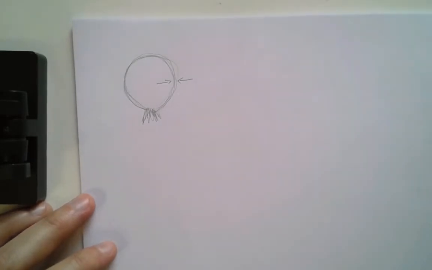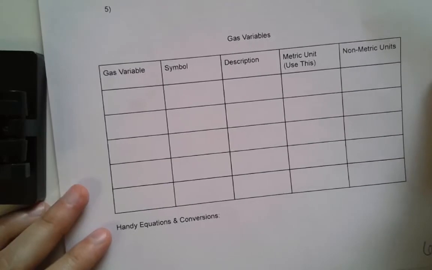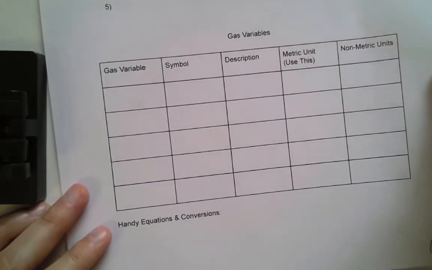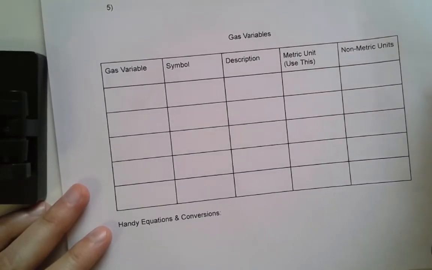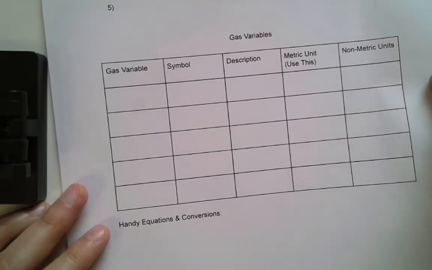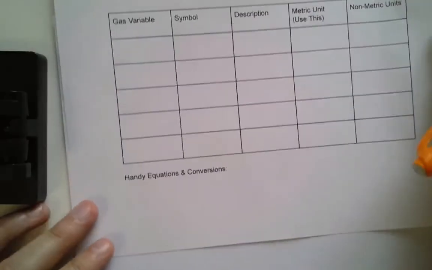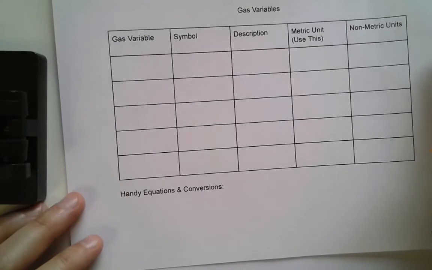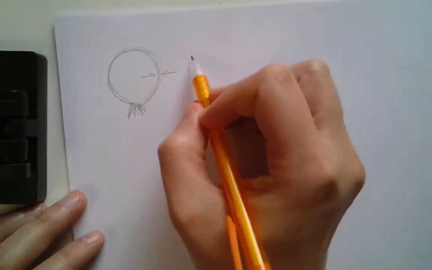The second thing, we're going to start with this table: gas variables. If you do not have this page, you might want to copy this onto your paper. I'll just copy it right here.